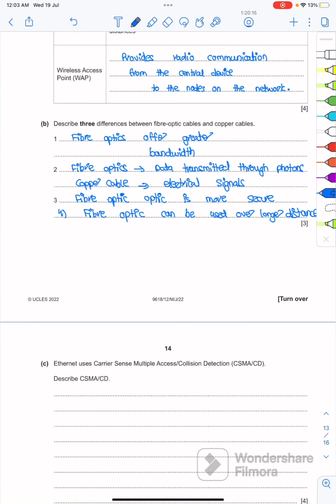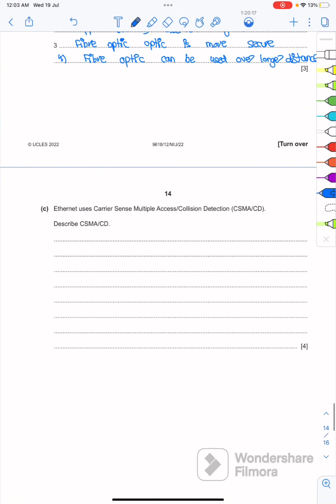Alright, so now the final part of this exam paper is describing CSMA, or carrier sense multiple access with collision detection. Now this used to be part of your paper 3 theory, but now it's been transferred over after the 9618 introduction. Now it's a part of 9618 networks theory.